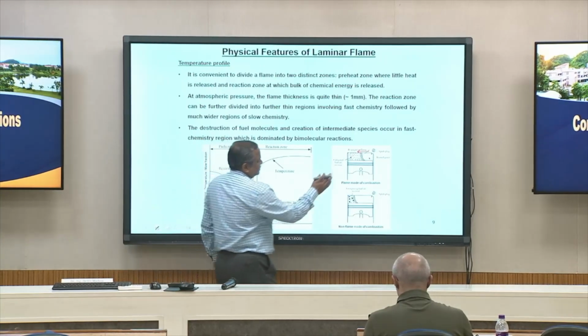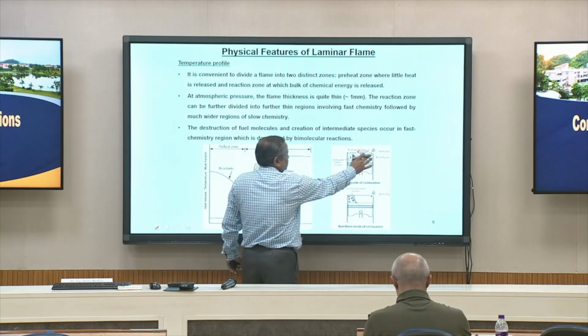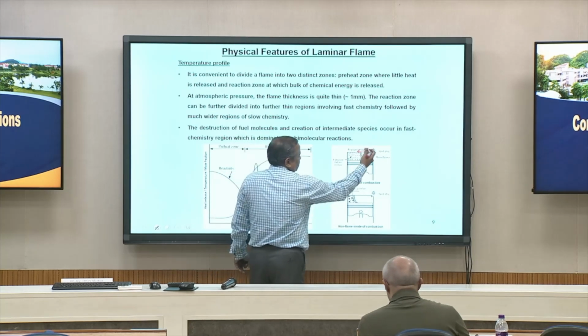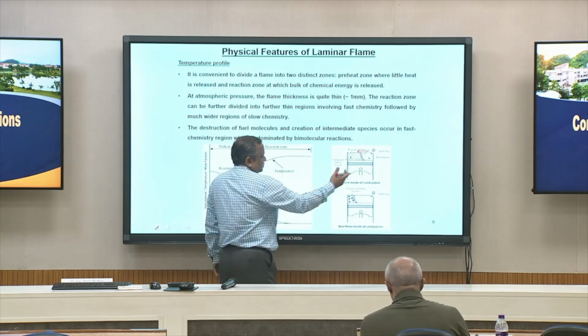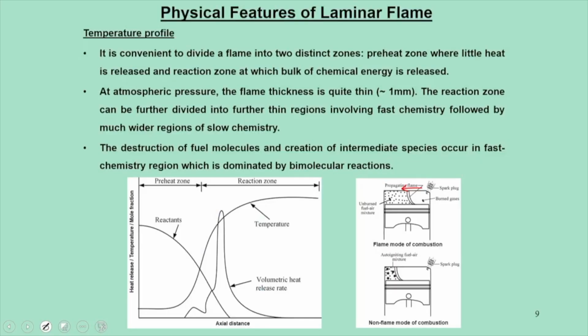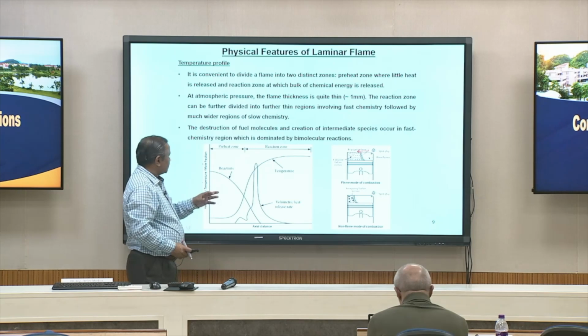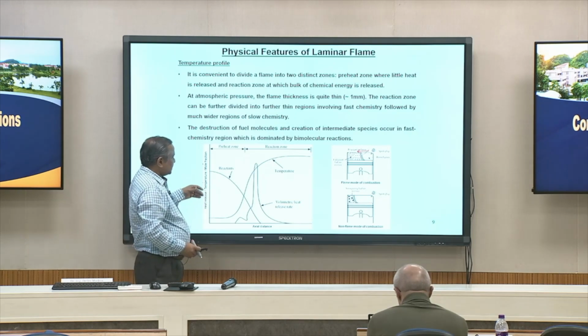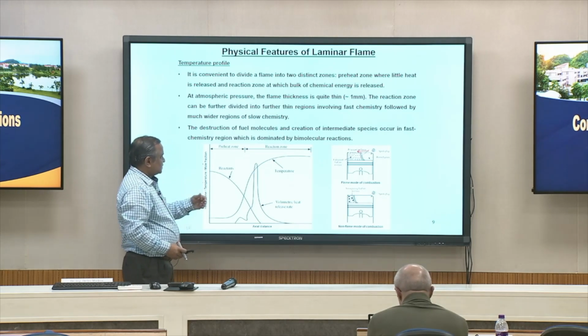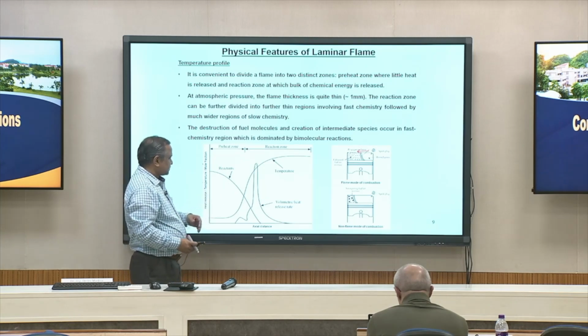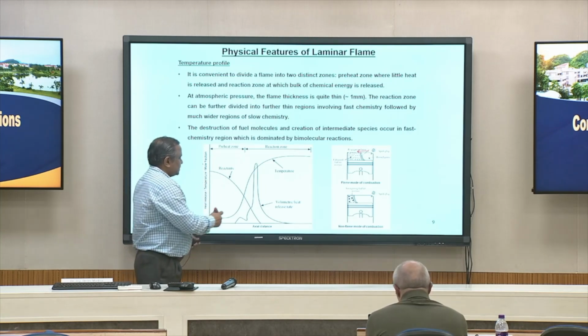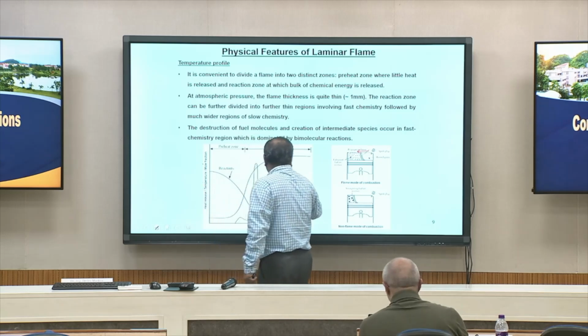Initially, when there is no flame, it is full of charge. When the flame arrives, there are changes in various factors: first, temperature and mole fraction. Mole fraction means that once the charge gets consumed, its mole fraction comes down. So basically reactants are consumed, products are formed, and through this process there is a volumetric heat release.